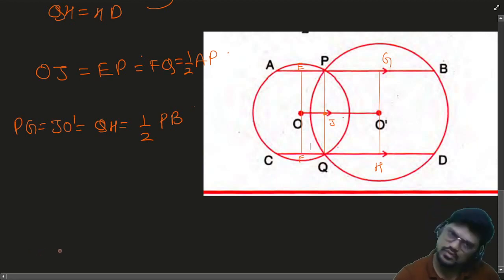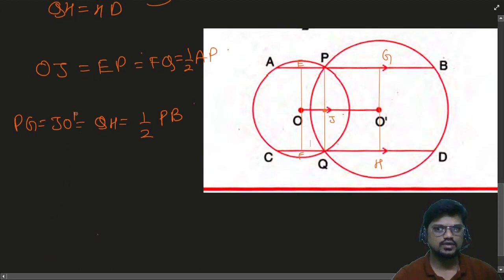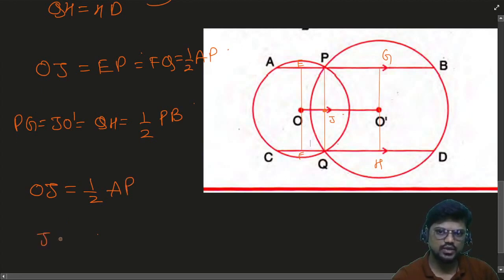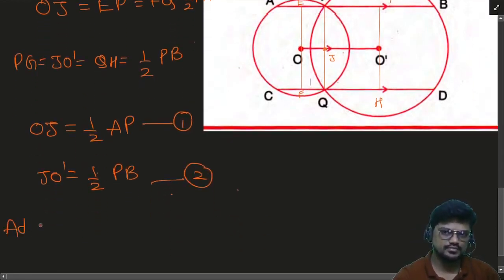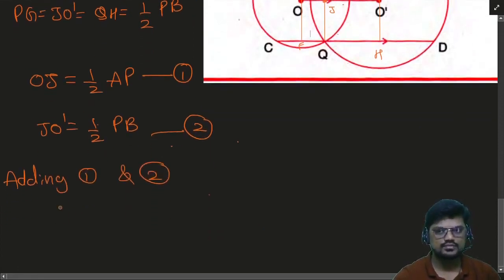Yes or no? Yes. I can also say OJ equals half of AP, and JO dash equals half of PB. If I say this is 1 and this is 2, if I add 1 and 2, what do I get?